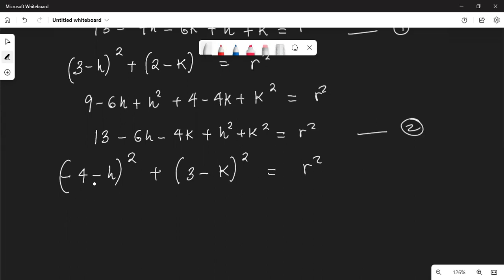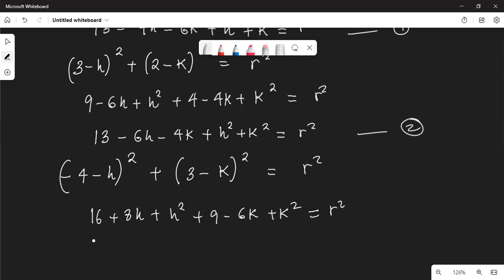The expansion of negative 4 minus h is 16 plus 8h plus h squared, plus 9 minus 6k plus k squared equals r squared.